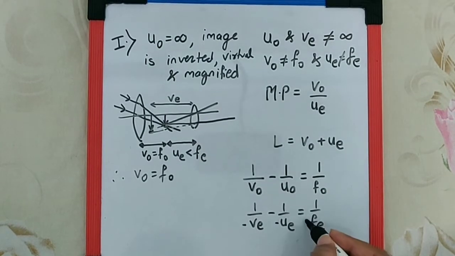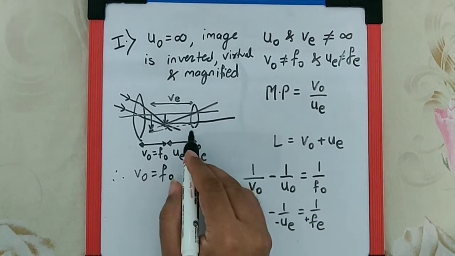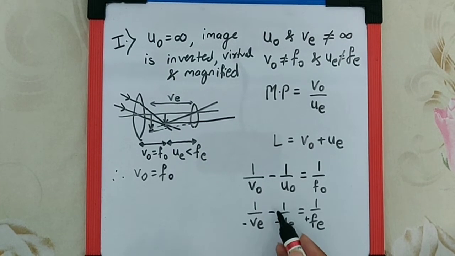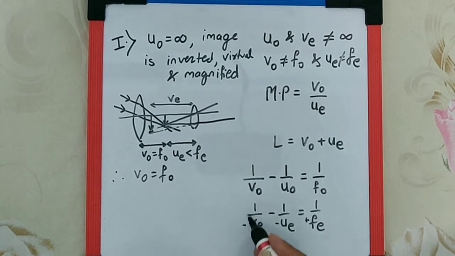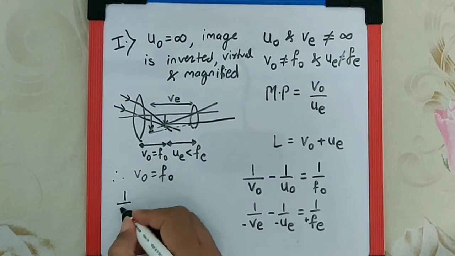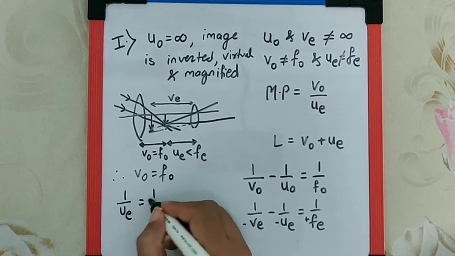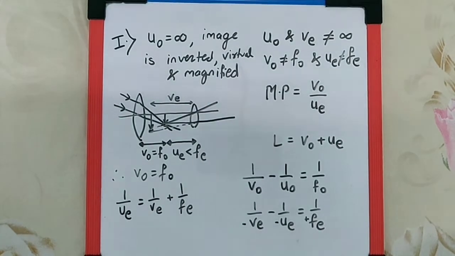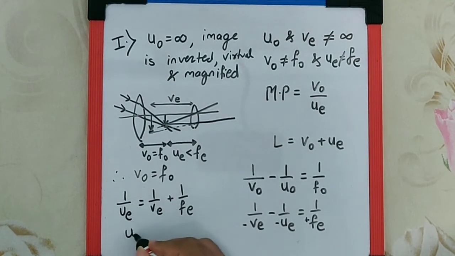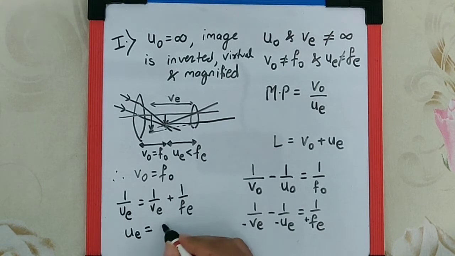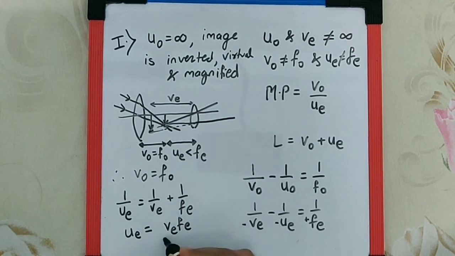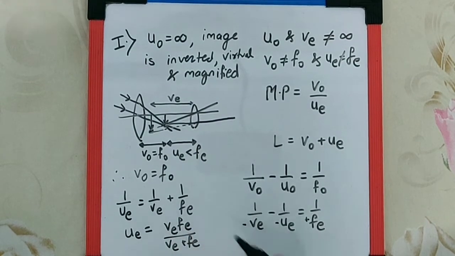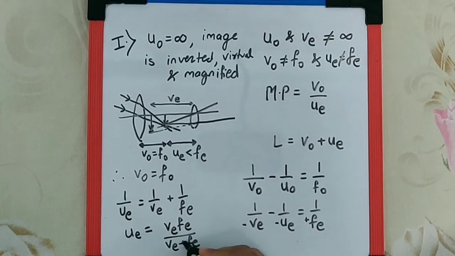And FE is going to be positive because it is a biconvex lens. Now if you calculate this, this becomes positive, and so this 1 by VE goes on the other side, making 1 by UE equal to 1 by VE plus 1 by FE, or in general UE equal to VEFE upon VE plus FE, that is by LCM method, and then taking the reciprocal.